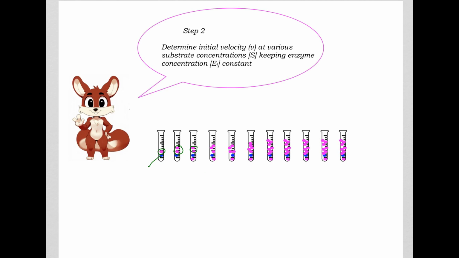We increase the substrate concentration, and for each tube, we then measure the initial velocity. That's a very important step, where we determine the initial velocity at various substrate concentrations.